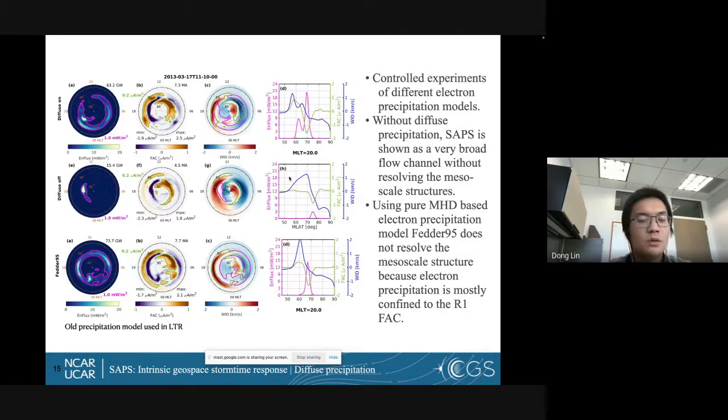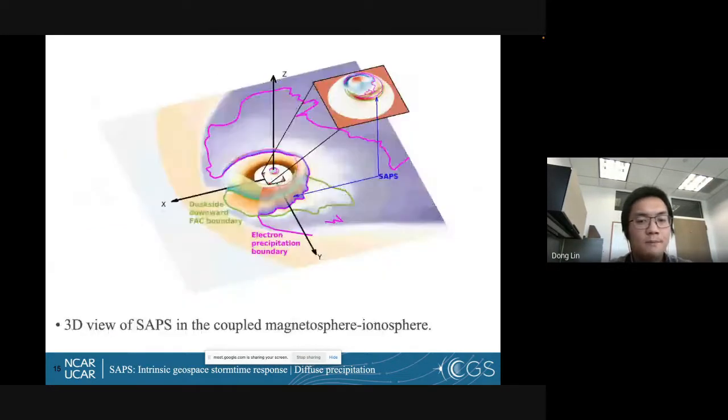So to wrap everything up, this picture illustrates the driving mechanism of SAPS.